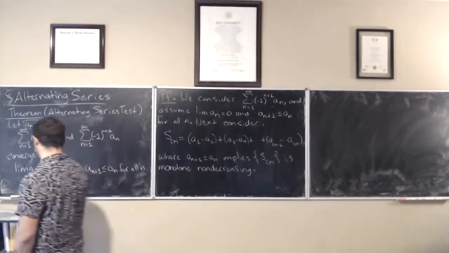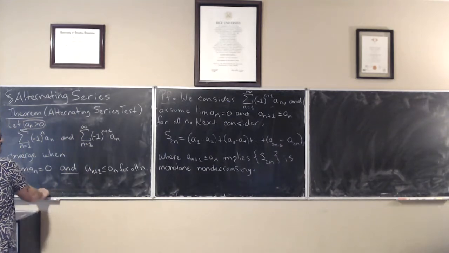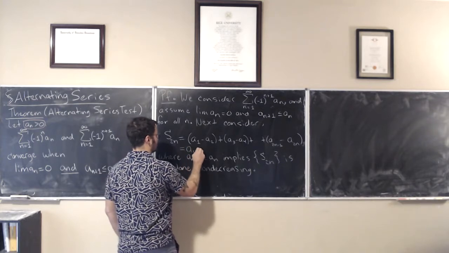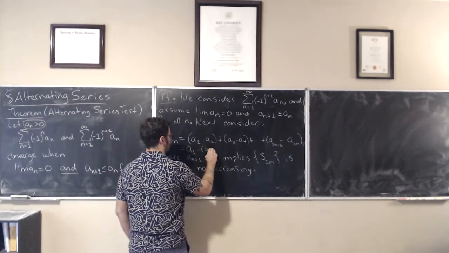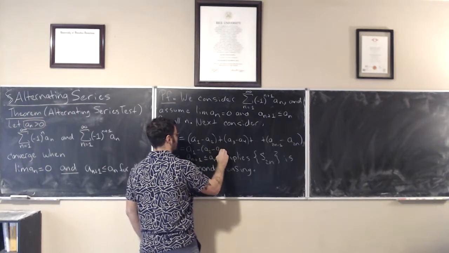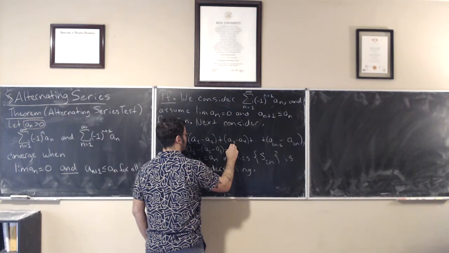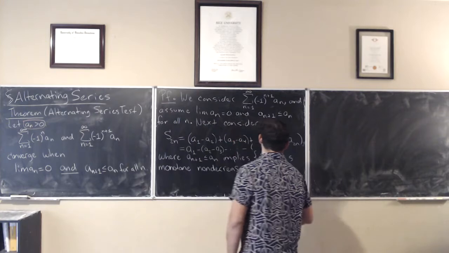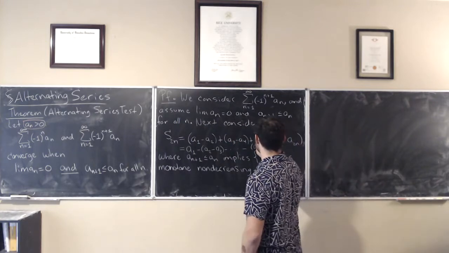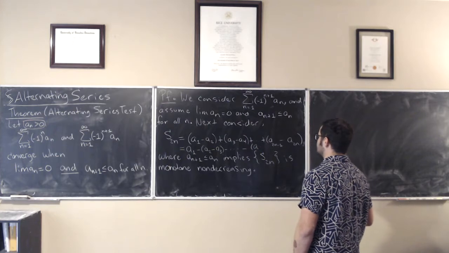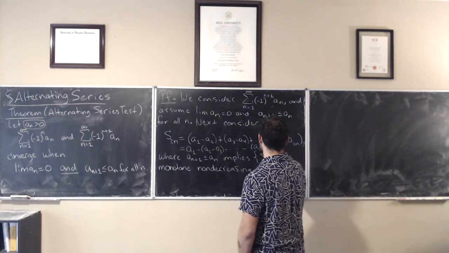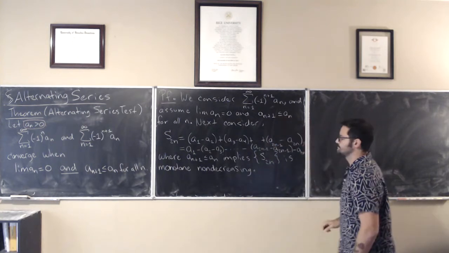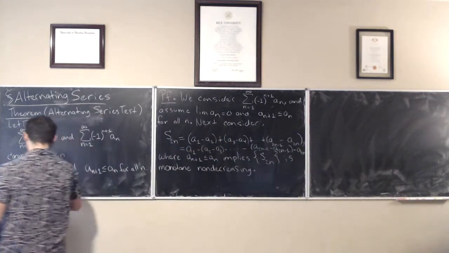Moreover, we can also write this as a_1 minus a_2 minus a_3 minus, and so forth and so on, minus, what'll be the last, (a_(2n-2) minus a_(2n-1)) minus a_2n.